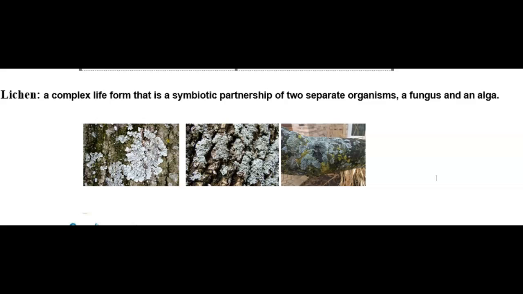It can even grow on rocks. So lichen is very, very sensitive to pollution. So if there's not very much pollution, you're going to have lichens. If there's a lot of pollution, lichens are going to die. So let's look at the example.